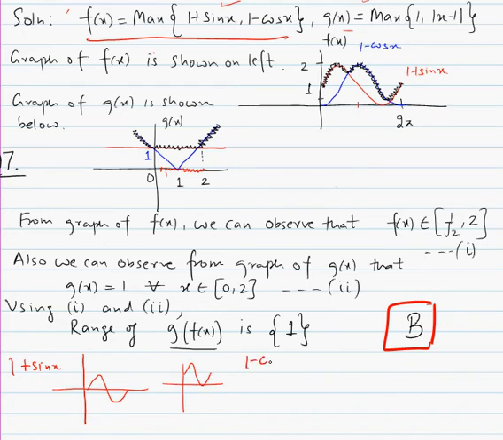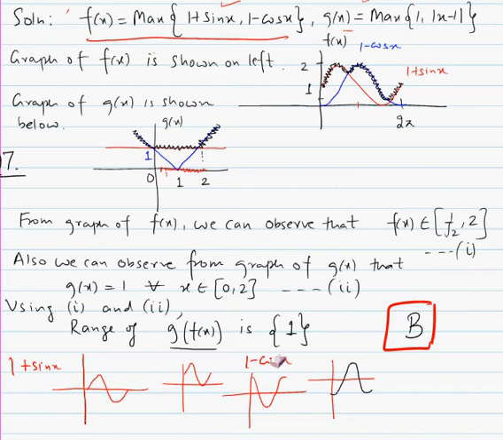For 1 minus cos x, we draw cos x, we draw minus cos x, that is the reflection of this in the x-axis, right?